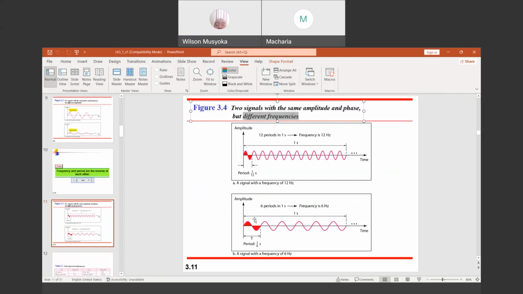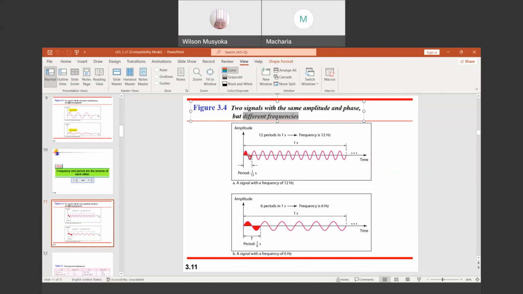When we talk of frequency, it is how many cycles there are in a second. In this duration of time, you have one cycle. In the same duration, in this waveform, you have two cycles.